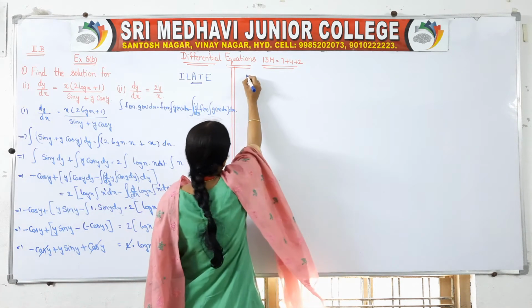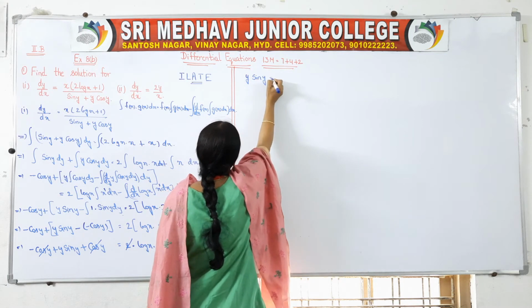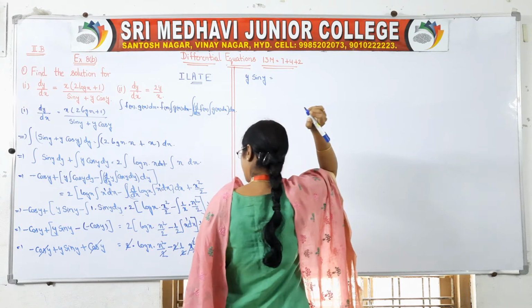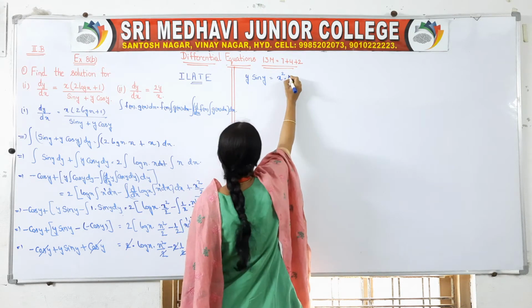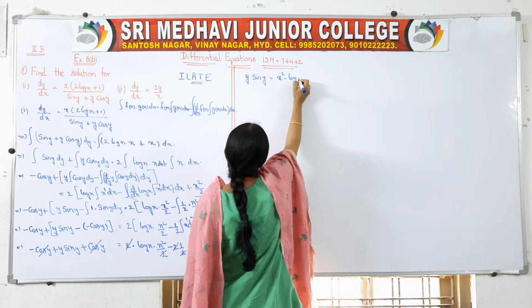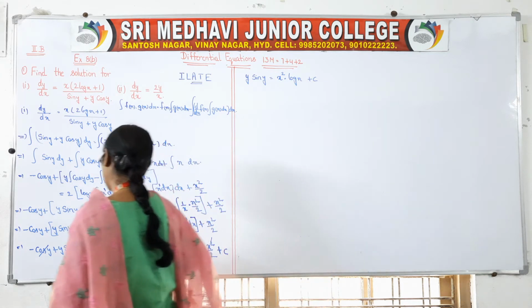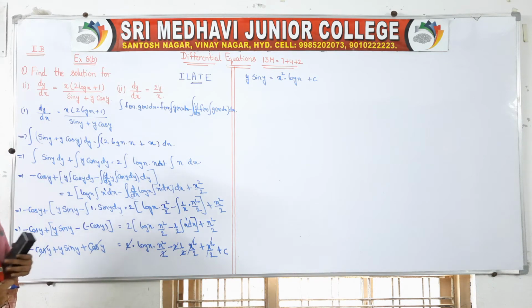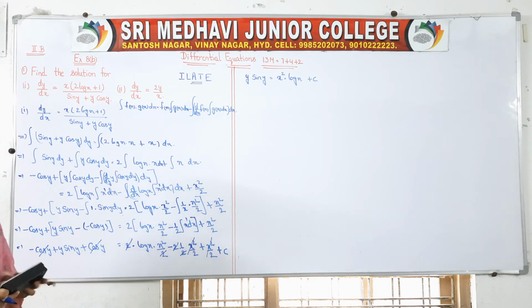So your answer is y into sin y is equal to, what is the value? It is x square into log x, plus c is the answer of your question. Okay, so y into sin y is equal to x square into log x plus c is the answer of this question. So you should be careful while dealing with this problem.